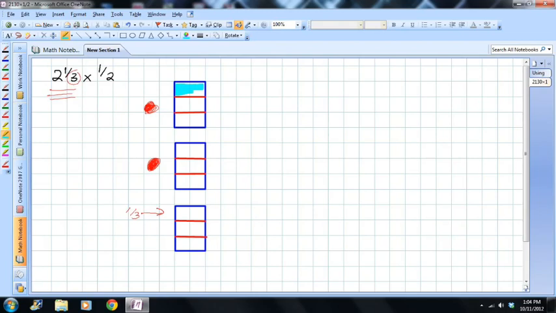So we're shading this first rectangle completely.